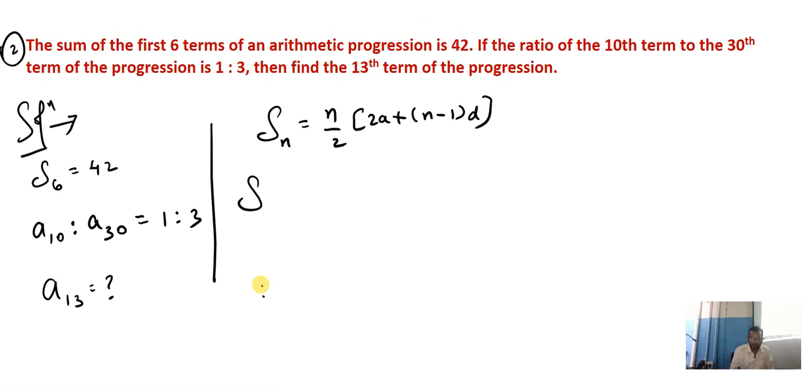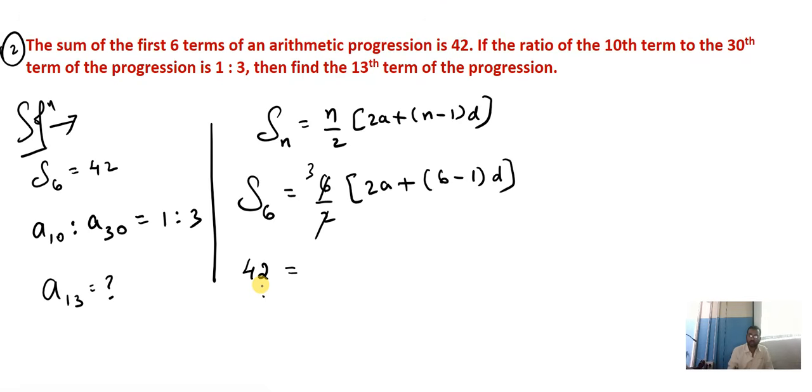Now, for S6, n is 6. So 6 by 2 into 2a, we don't know a, plus 6 minus 1 into d, we don't know d, keep it as it is. The value of S6 is 42, so 42 is equal to 3 into 2a plus 5d.